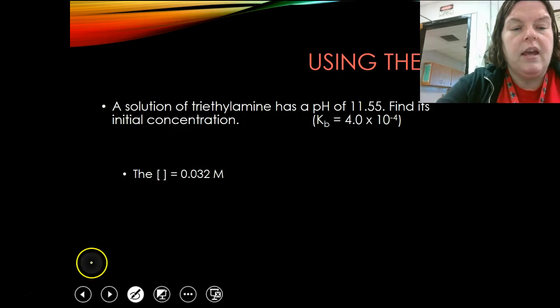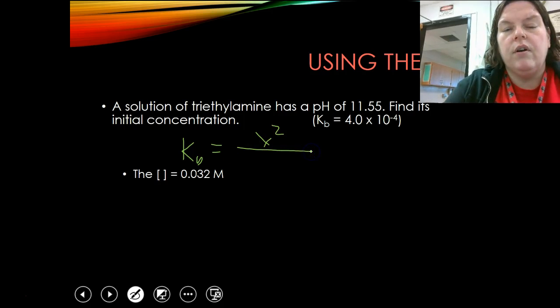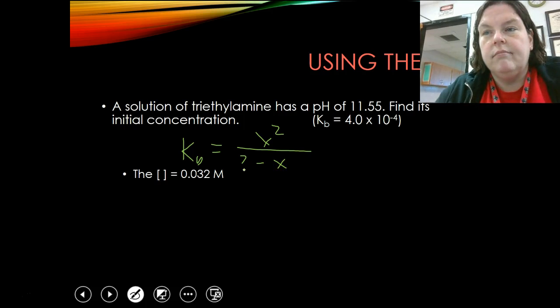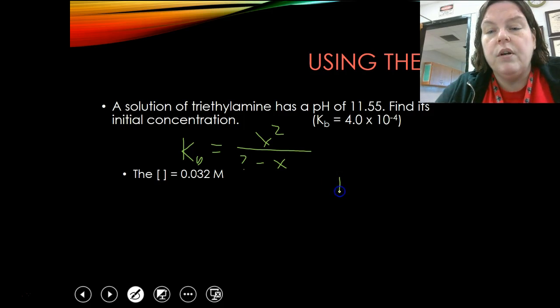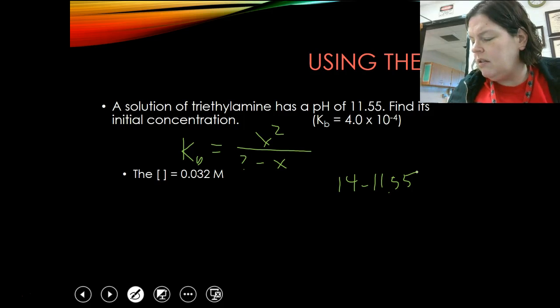Now we know that the Kb is equal to X squared over question mark minus X, right? That's what we know. But we have the pH. That means we also know the pOH, right? If we have the pH, we know that the pOH is 14 minus 11.55.